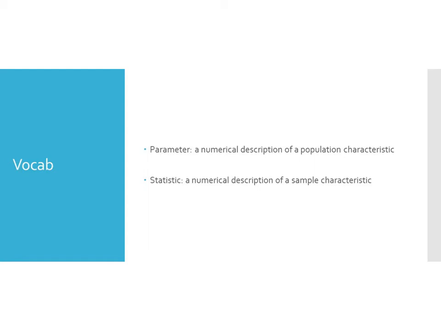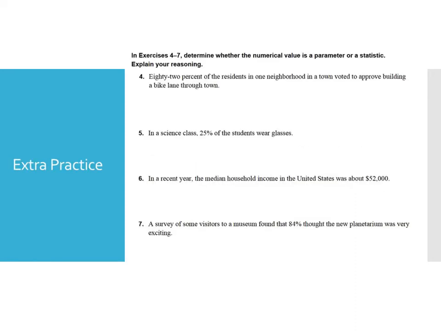One reason it's important to distinguish between these two is because you're not usually going to collect data on an entire population. So we collect data on a sample, and then we project that into what we would assume it would be for that population.